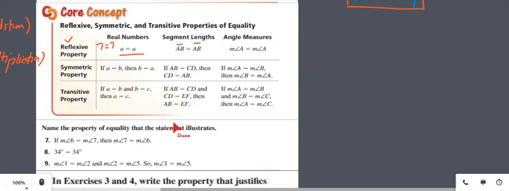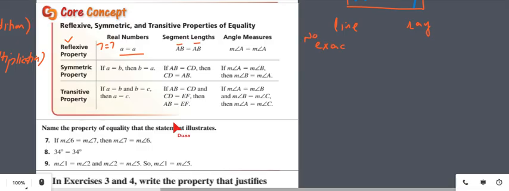Why do we exclude line and ray? We can't say that two lines are equal, or two rays are equal. Why? Because there is no known length or exact length.